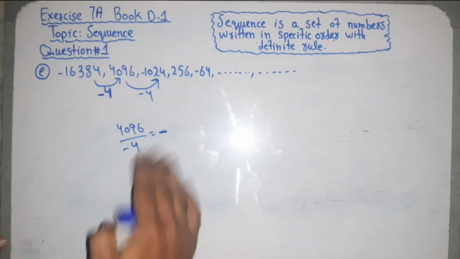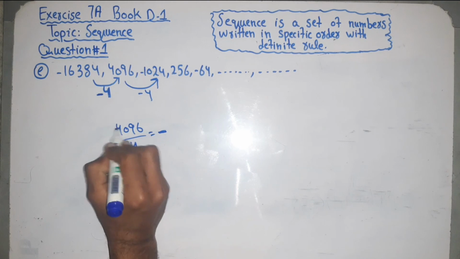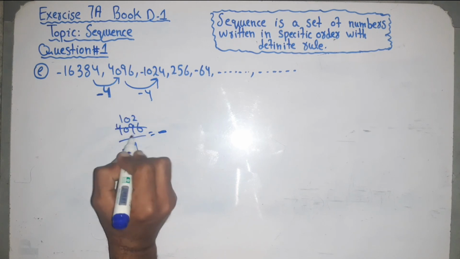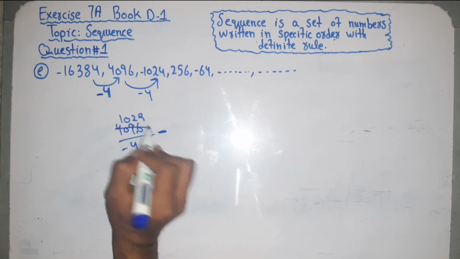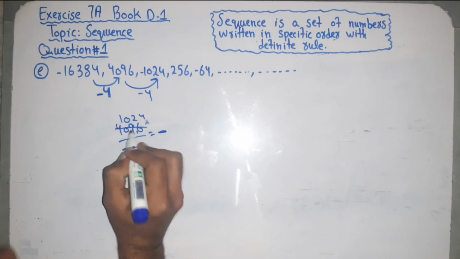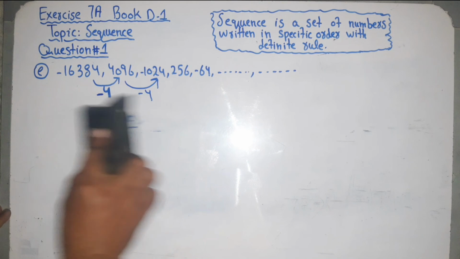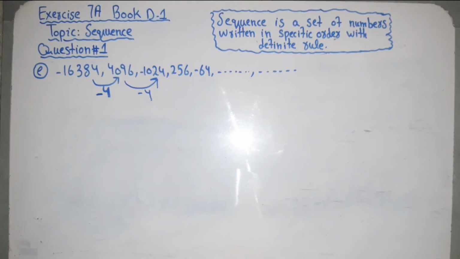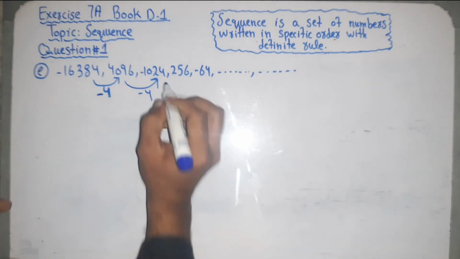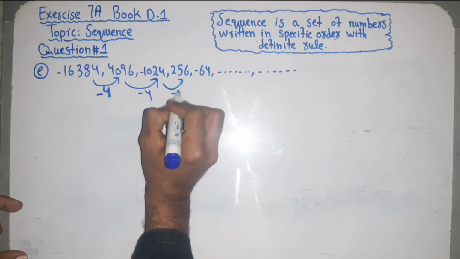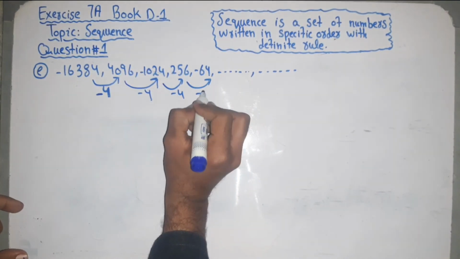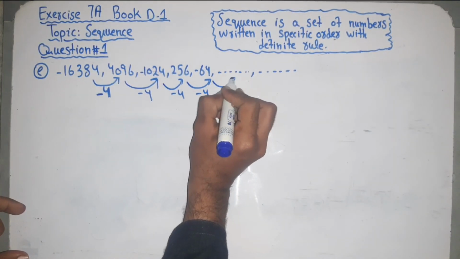Okay, so we can check it: 4 ones are 4, 0 will come, 4 twos are 8, 1 carry, 4 fours are 16, so we have 1024. Similarly, if we divide 1024 by 4, we will get 256, -4, and then again -4, and then -4.